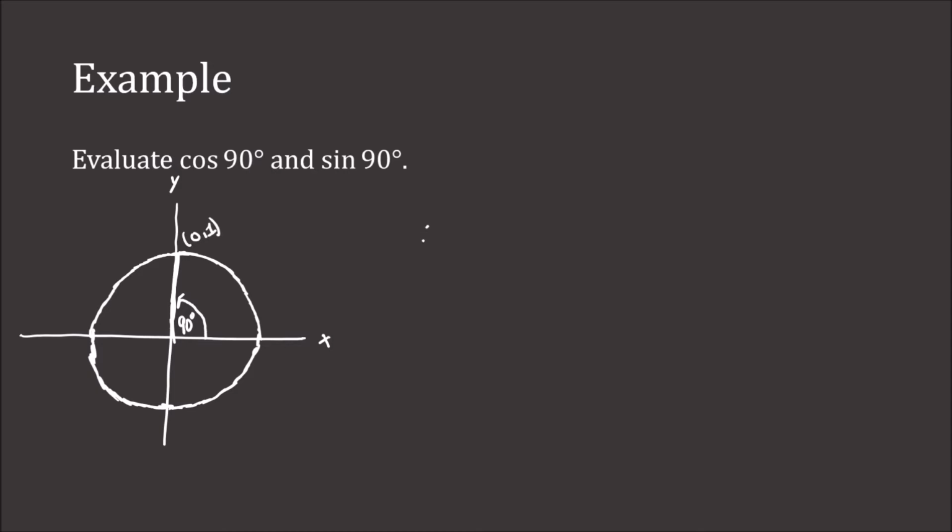So right away we can conclude that the cosine of 90 degrees is 0, and the sine of 90 degrees is 1. Right, so these two values will be important, and we will see why a little bit later.